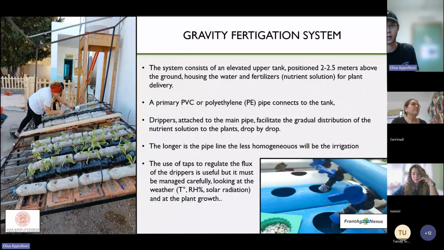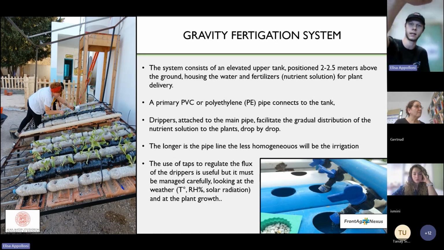So let's see in detail the gravity fertigation system. This system is not feasible for a large hydroponic system, but is very useful for a homemade hydroponic system, let's say, or simplified hydroponic systems. And as we said before, we have an upper tank positioned 2.5 meters above the ground, where there is a nutrient solution, and a primary polyethylene pipe is connected to the tank and brings the water directly to the hydroponic system, where smaller tubes will bring the nutrient solution directly to the plant roots.